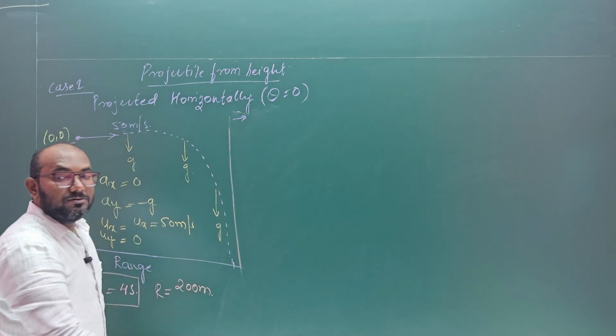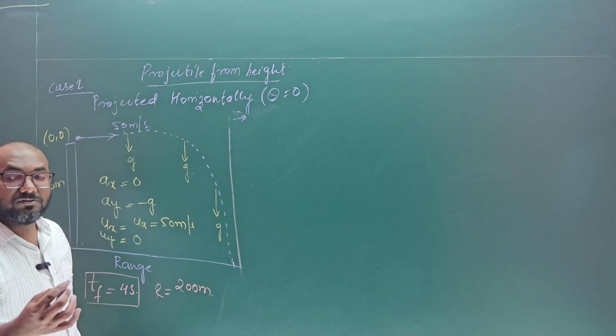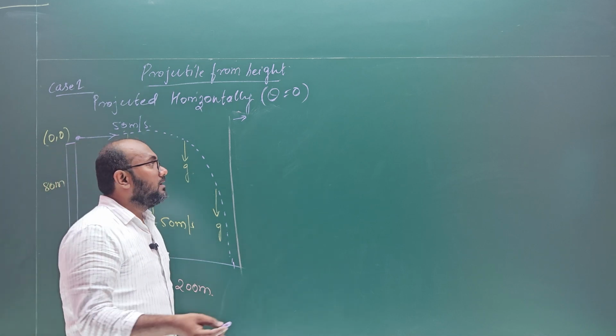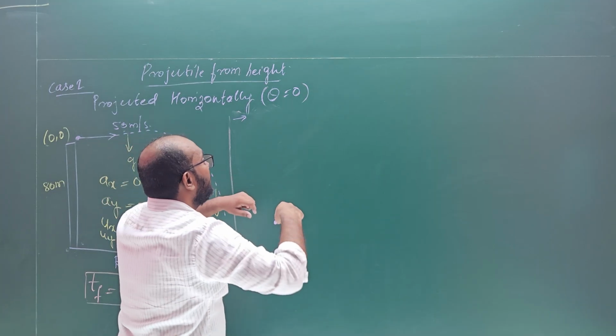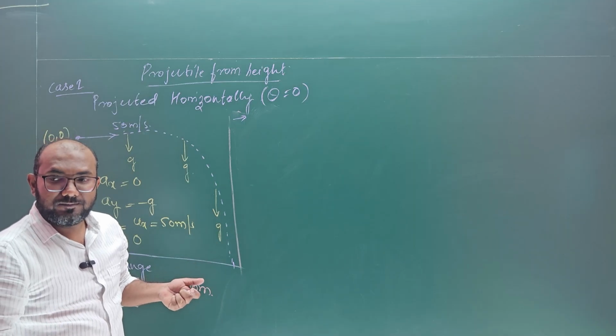Next, they can ask you to find out the velocity at a particular height h, or the alpha at a particular height h. We can find that by using the v square minus u square equals 2as formula. We know that Vx is unchanged at any point.